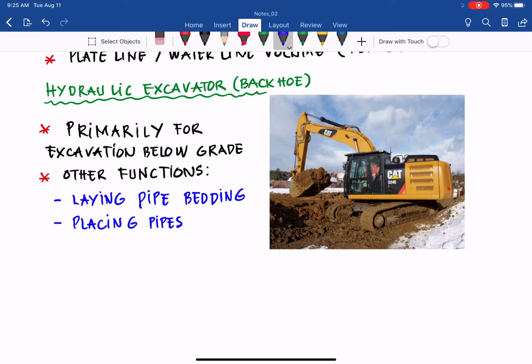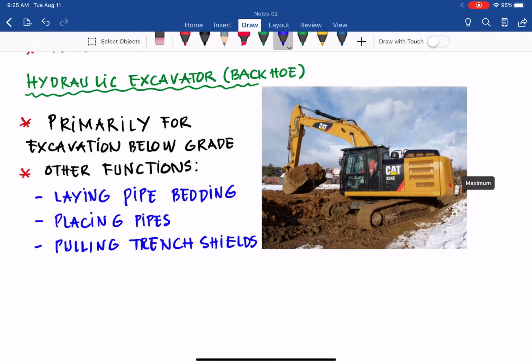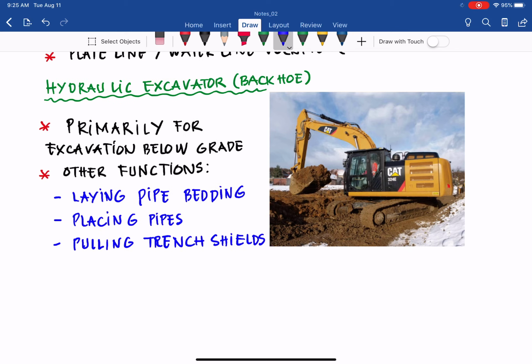Pipe itself, pulling trench shield just for water control during the excavation. We can use it to pull in a trench shield, like steel sheet pile, for blocking the water from the excavation.